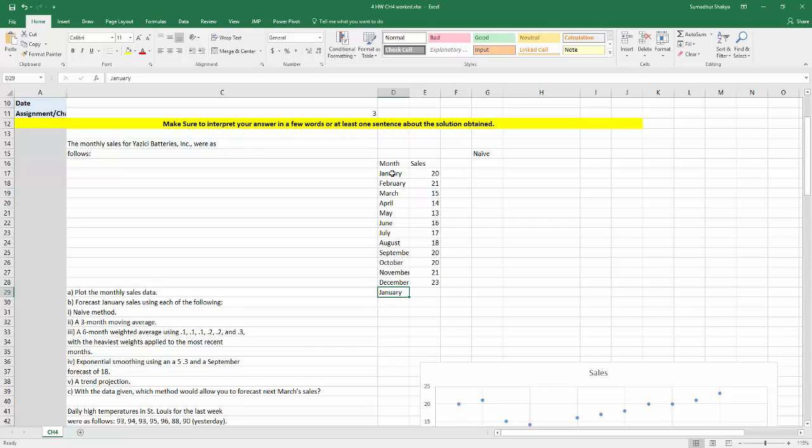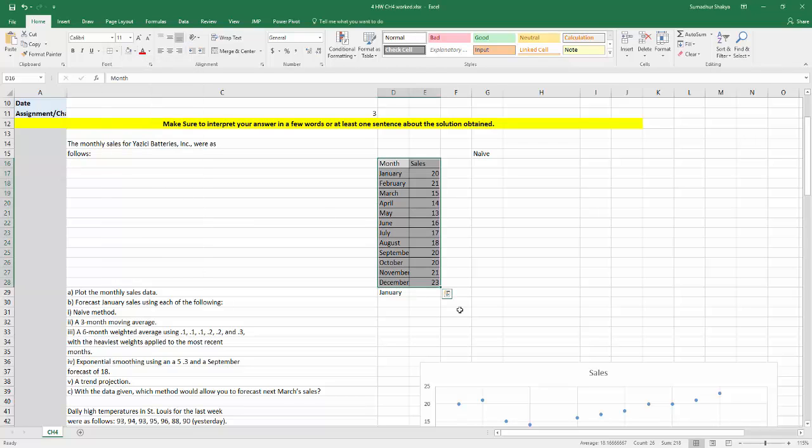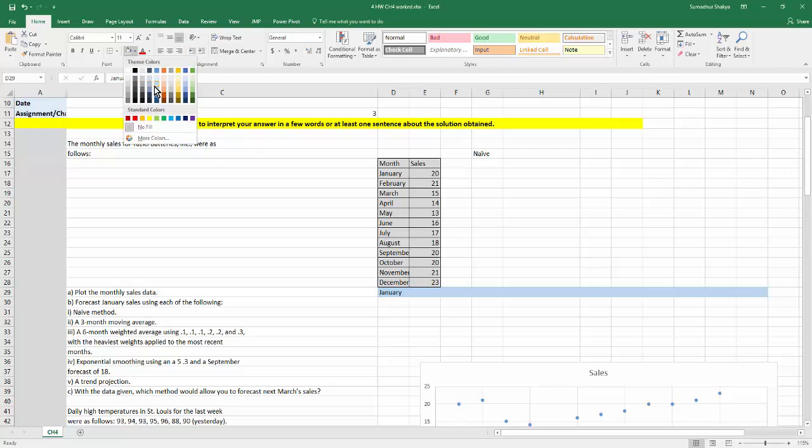Theoretically these are the 12 months given to us. Let me do the usual thing: we color the given data in gray, and this would be our calculated one in blue.